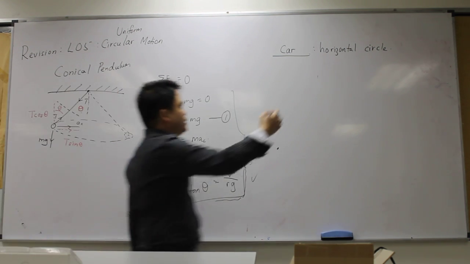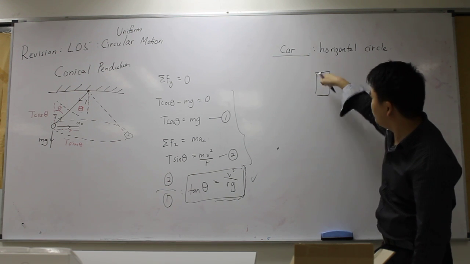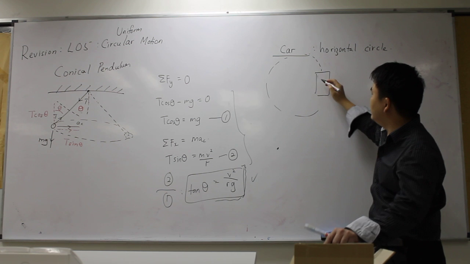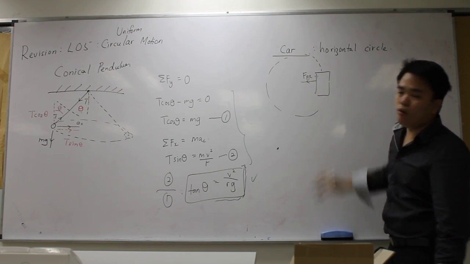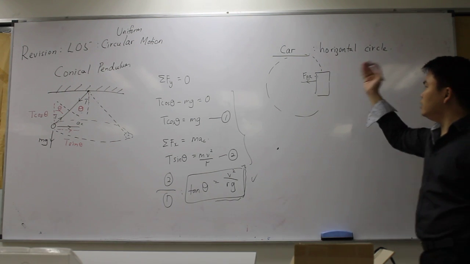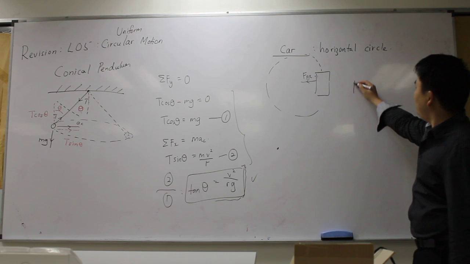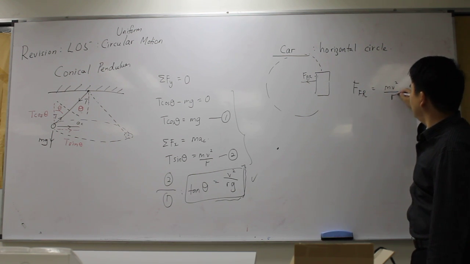So when the car makes a circular motion, let's say this is the cross section, the top view here, then we say that the friction force acting on the tire contributes to the circular motion. So f_r equals mv squared over r.